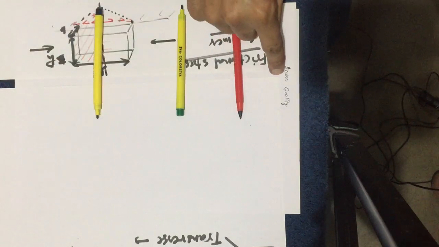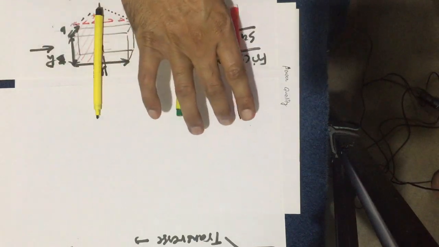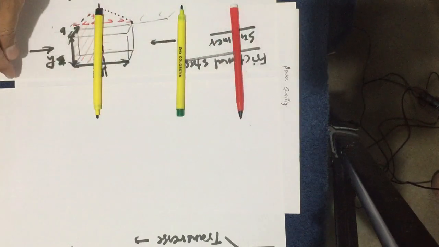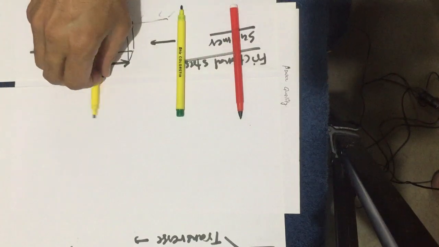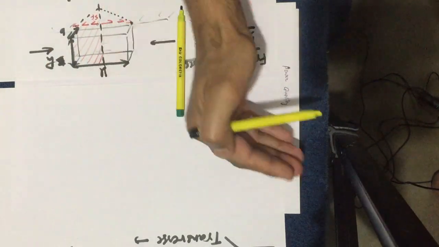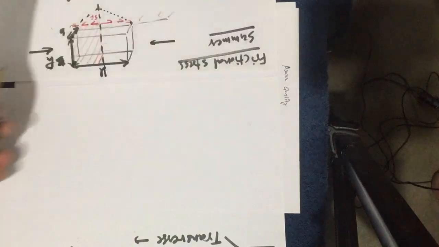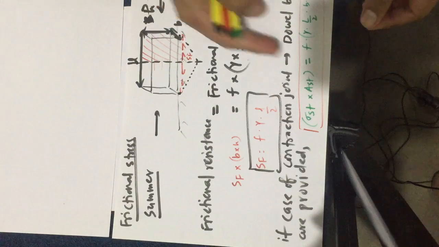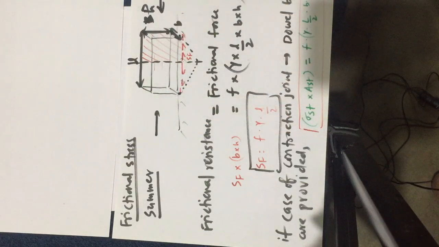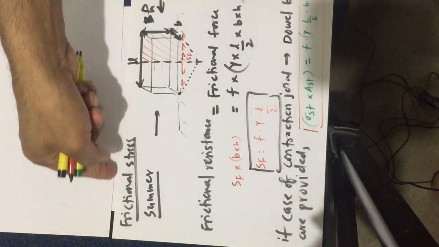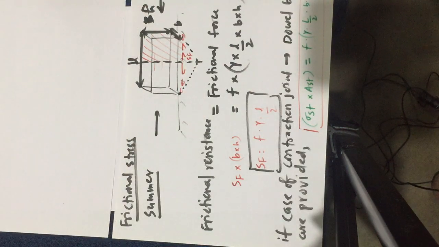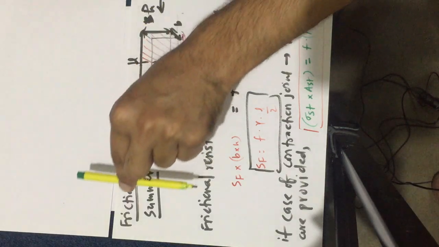Then if you are providing a particular joint and binding these two slabs with the help of some sort of devices, then this sort of joint is referred to as a longitudinal joint. The traffic is moving in this direction, and similarly, if you have provided a joint perpendicular to the direction of the traffic, then those sort of joints are referred to as transverse joints, transverse to the direction of the traffic moving on the road.